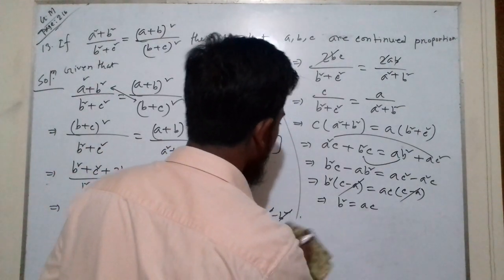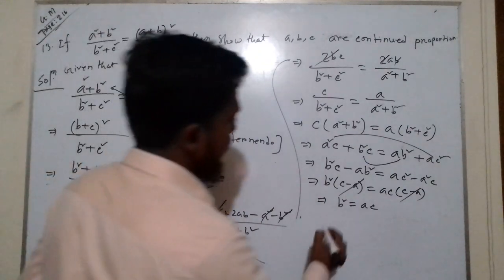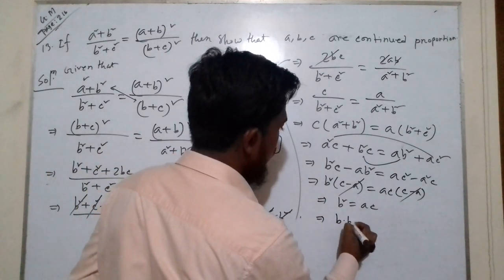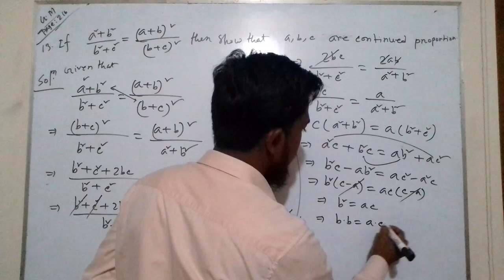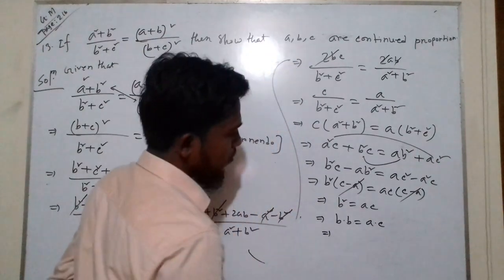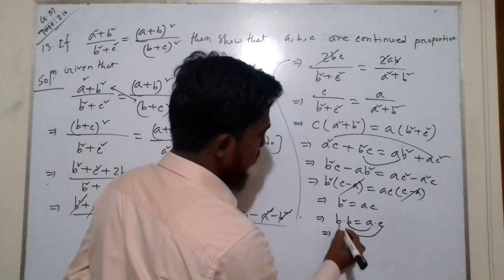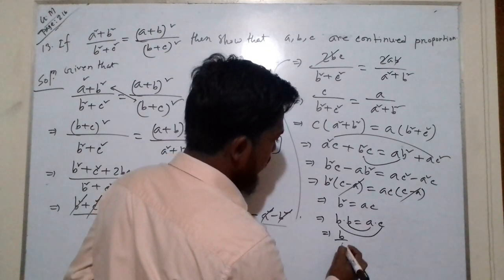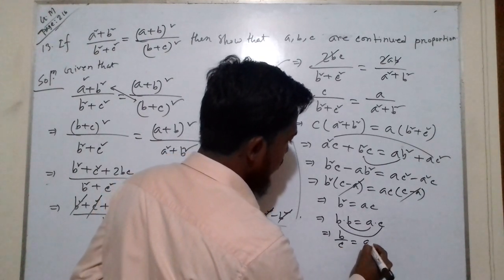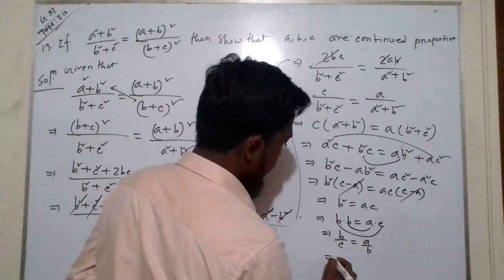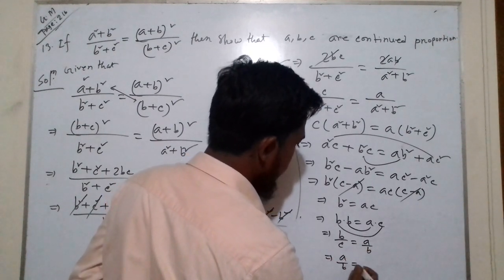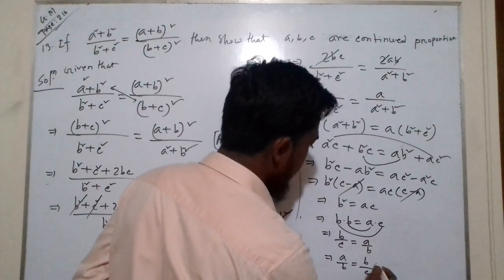Finally, we can write b into b equal to a into c. So a by b equal to b by c. This is a by b equal to b by c.